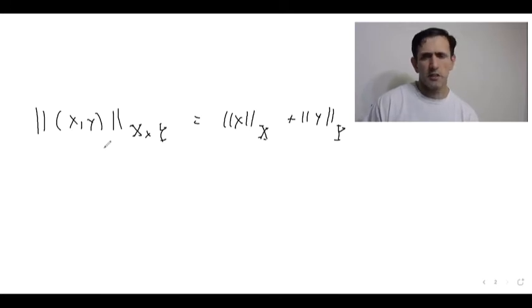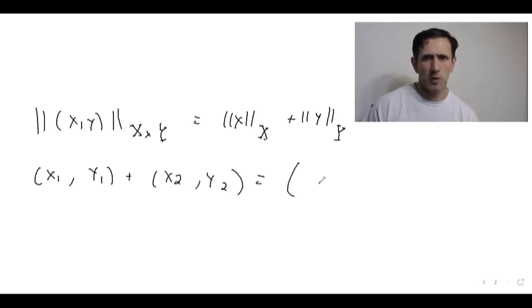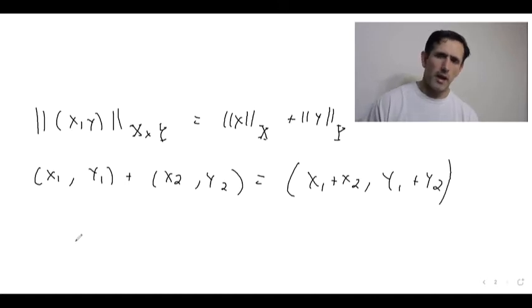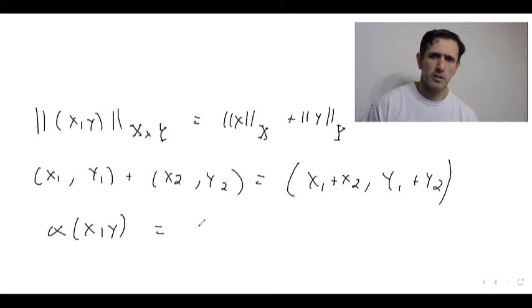Addition is kind of obvious, and scalar multiplication is also pretty obvious. Just add component-wise, x1 plus x2, y1 plus y2, and alpha times (x, y) is just (alpha x, alpha y).